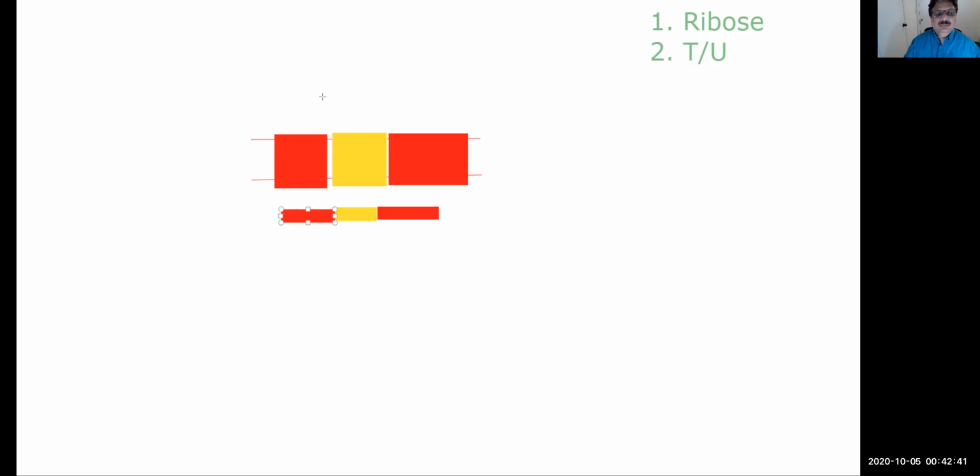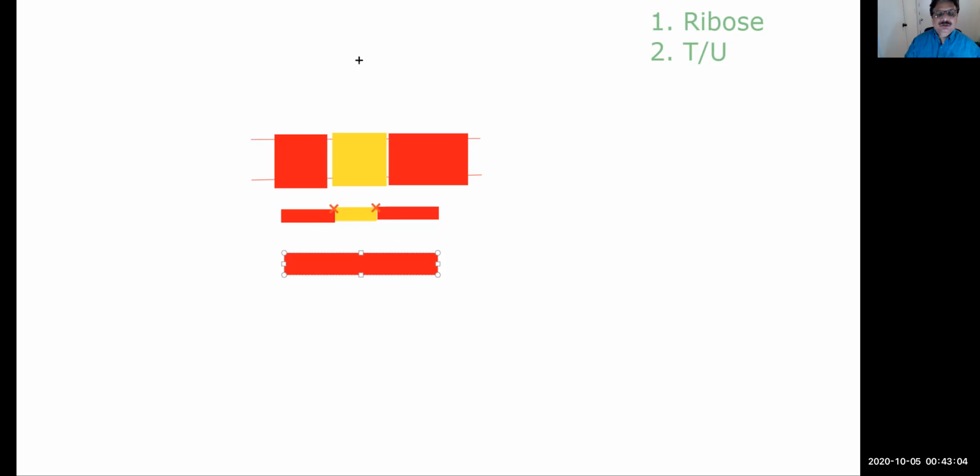Now, when this is made, the introns have to be taken out. They're removed by the process called splicing, and then you have the complete exon. Now before this splicing occurs, there has to be protection of the primary transcript.